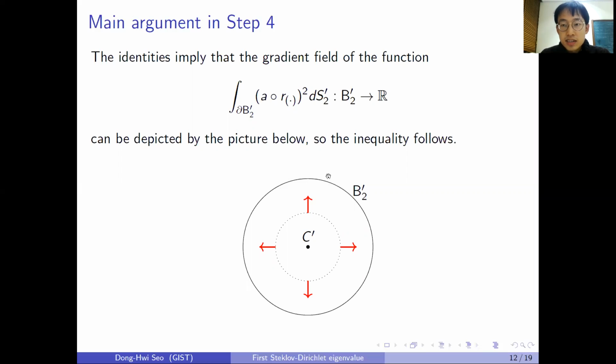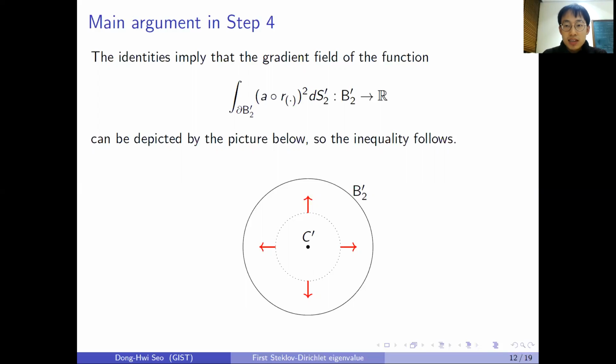Since we know that the gradient of a function at some point is the direction of steepest ascent of the function at the given point, the function has minimum value at C prime, and this gives the proof of the inequality in the proposition.